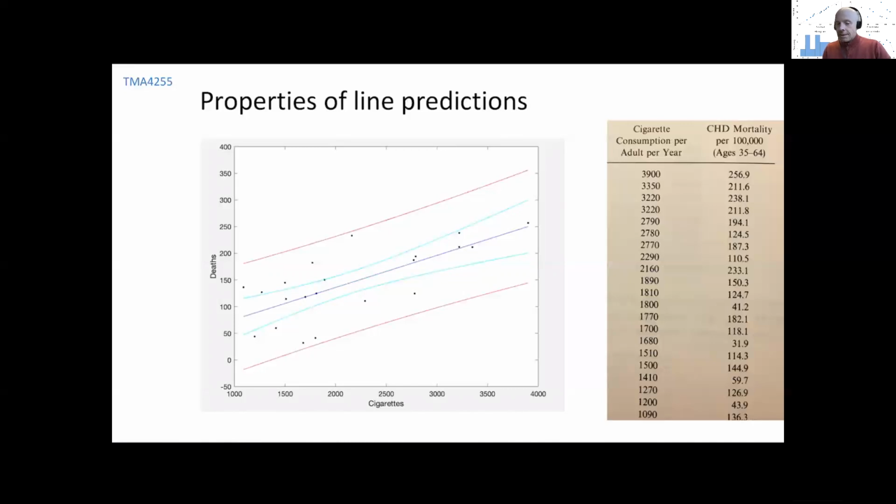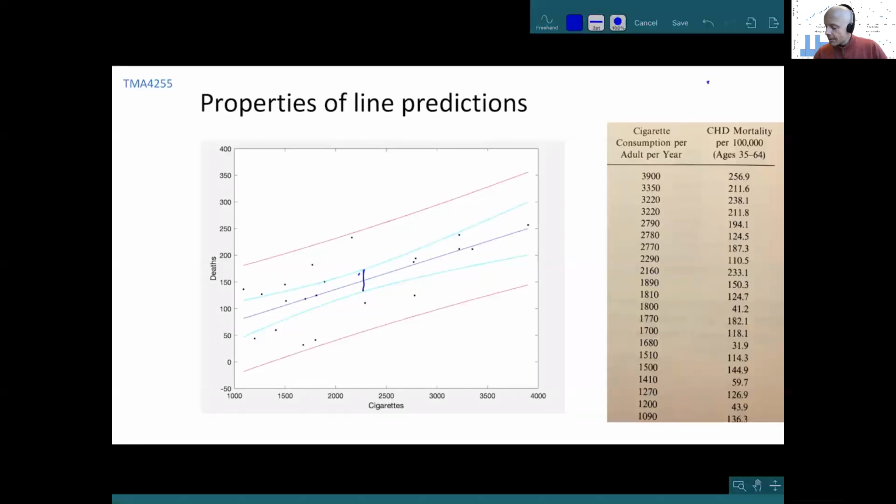We also see the data representation in this plot. The confidence interval is much narrower here than out here, and that's because most of our data is around the center. There's some data out here, but it doesn't help us so much to know the slope. So given our uncertainty in B0 and B1, there's quite some variability here.